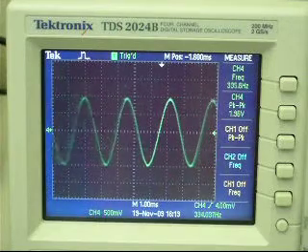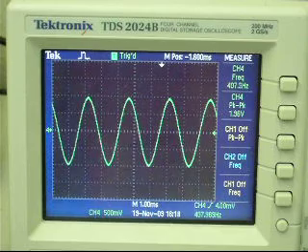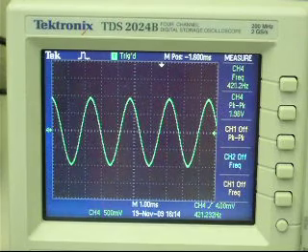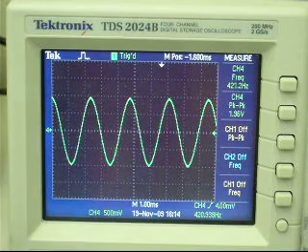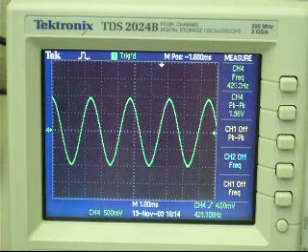Now, let's try something. If I can go from A here up to a higher A, all the notes between those two A's should be able to be represented here on the oscilloscope and with the function generator as well.